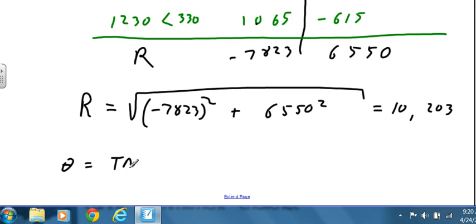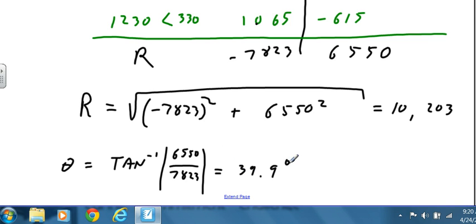My reference angle is going to be the arctangent of the absolute value of the y component divided by the x component. Arctangent of 6550 divided by 7823. You don't put the negative in there? No, because I'm taking the absolute value.